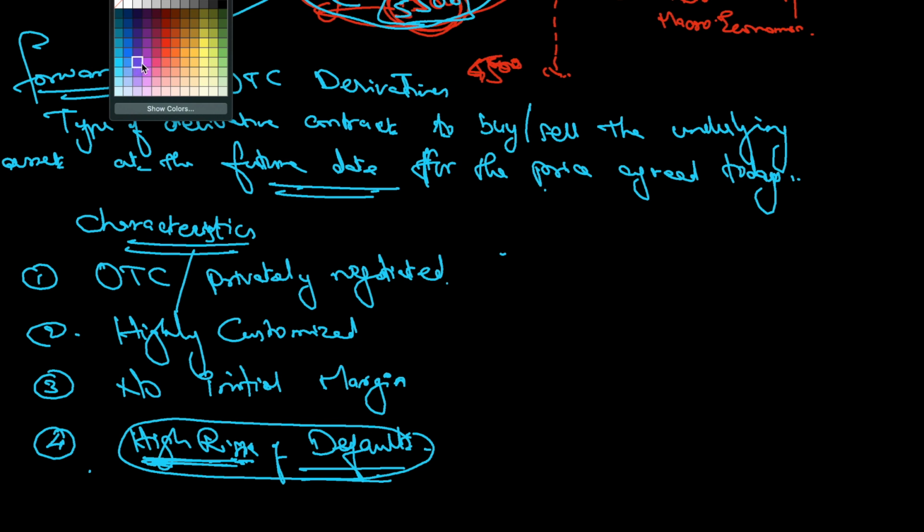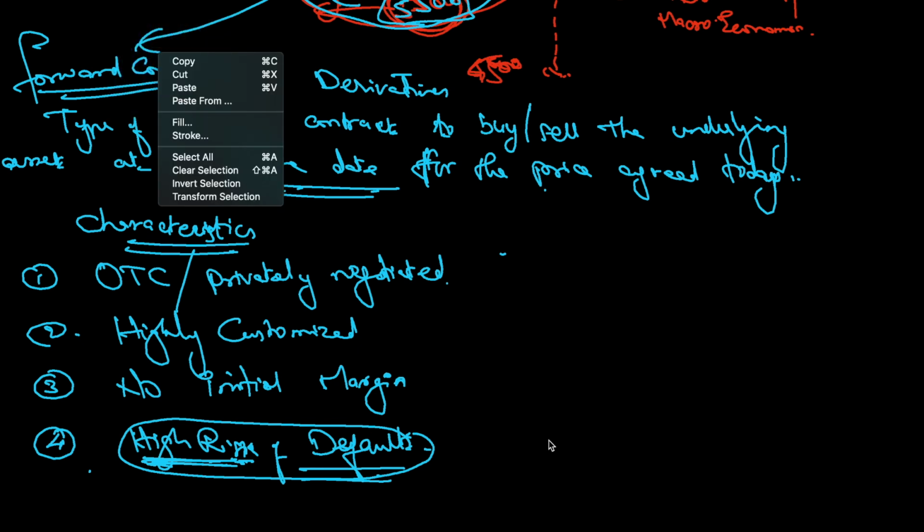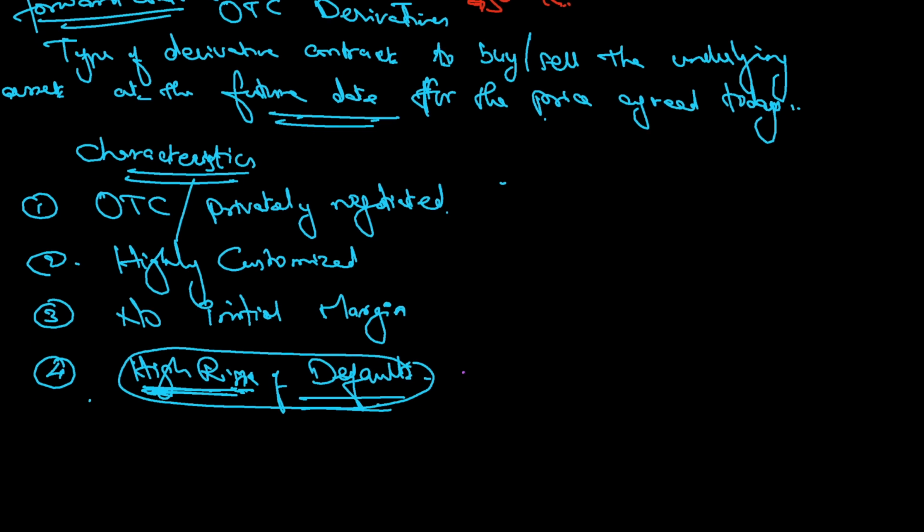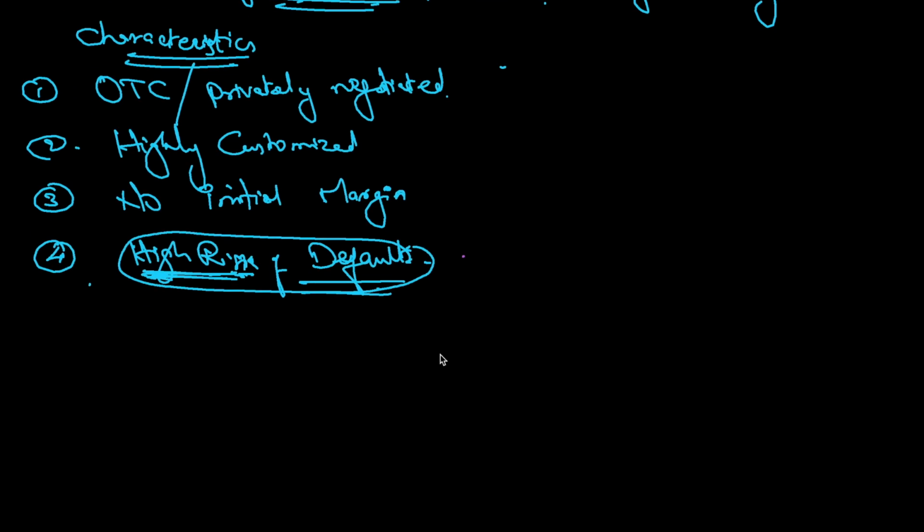How it was mitigated is, when X and Y are entering into the contract, right now they are entering privately on their own. There is no third party involved. So the idea was to involve a third party, a regulated entity. An exchange will be involved in it.